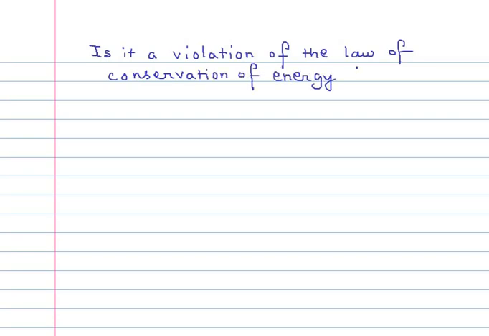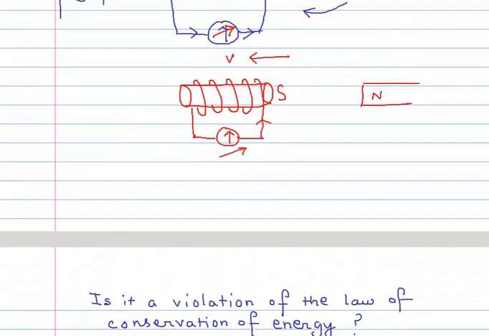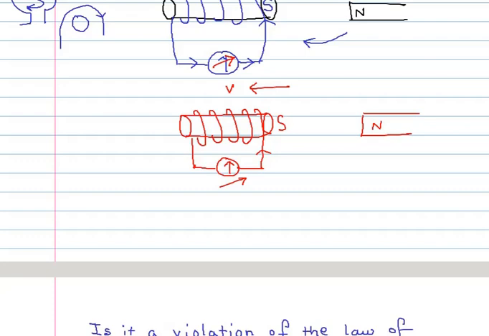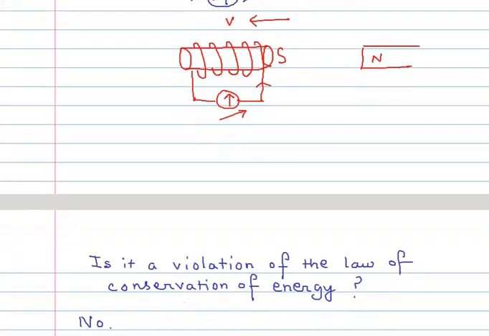That might be a question that is asked. Well, the answer is no. Then how are these coils which are wound around the solenoid getting this induced EMF? How are they getting that?